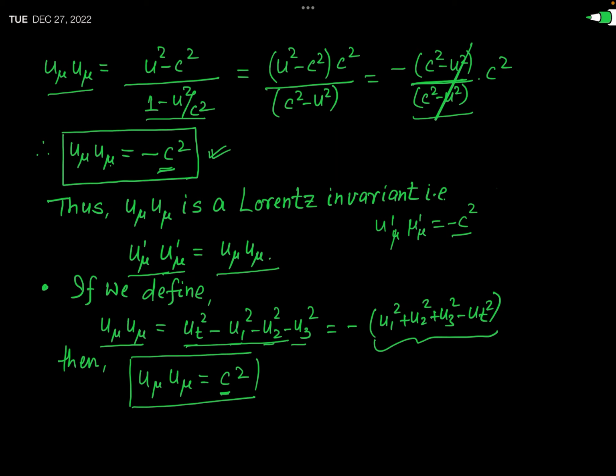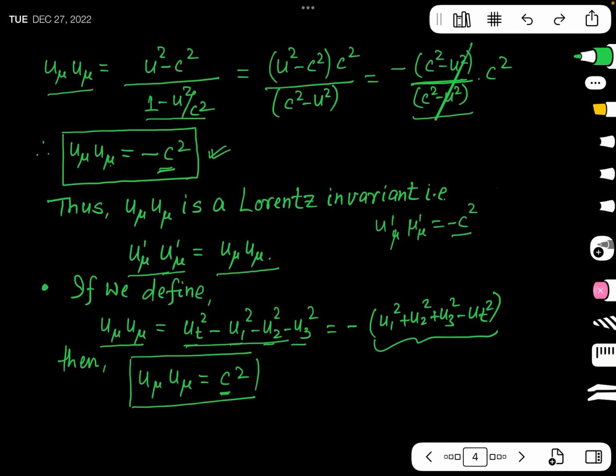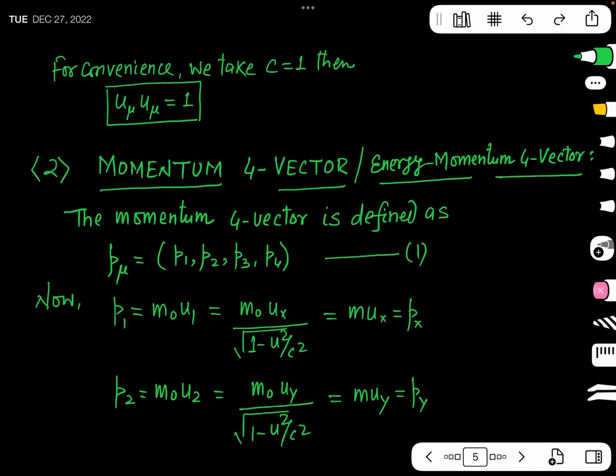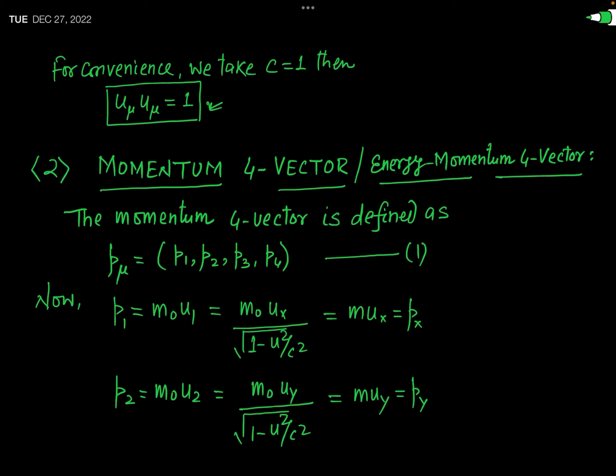It does not mean that c is actually equal to 1, but there is a convention that we can take the value of this universal constant equal to 1 to simplify the calculation. So if you adopt that convention where c is assumed to be equal to 1, then we simply write this product u mu times u mu equal to 1. I have mentioned it here, you can see. So this is all about the four velocity vector.